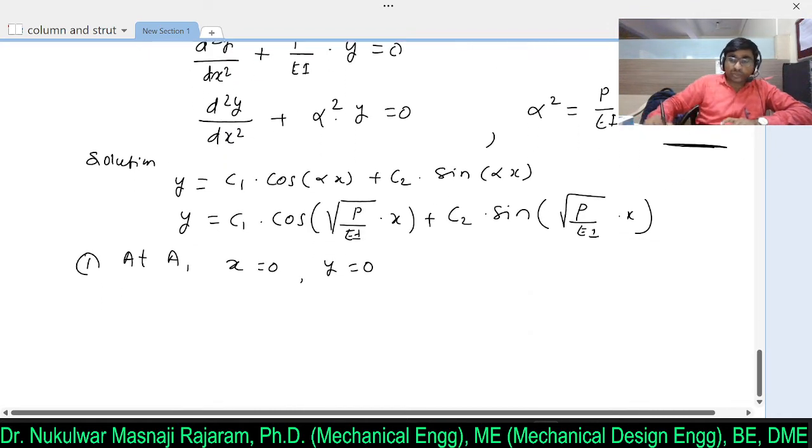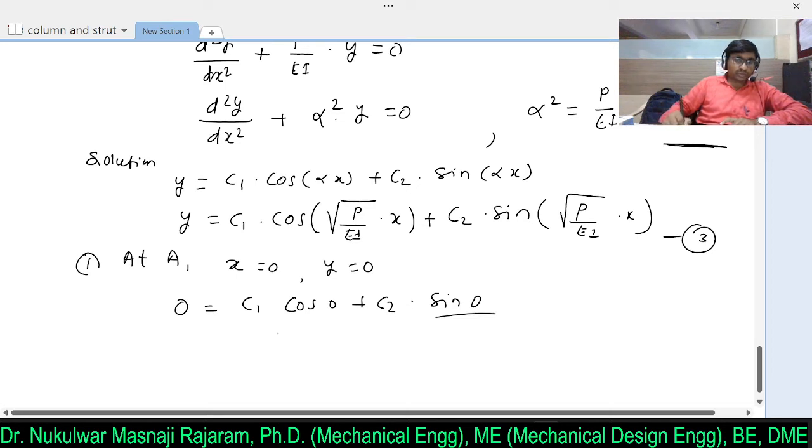Simple. So if you put in this equation, let's say this is equation 3, then y will be equal to 0, x will be 0. Simple. And then cos 0, so this will become c1 into cos 0 plus c2 into sin 0. As we know, sin 0 will be 0, and if you multiply 0 with c2, then it will become 0. Simple.